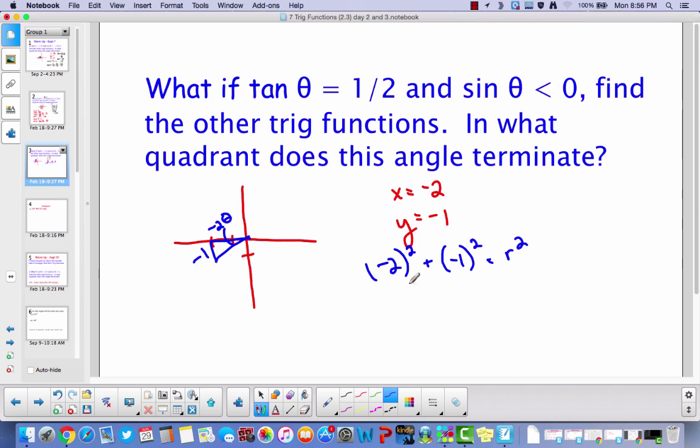Now, the other thing you have to be careful of is you have to be smarter than your calculator. You should know what -2 squared is. It's -2 times -2, which is a +4. -1 times -1 is a +1. If you put this on your calculator and you forget to put the parentheses in, your calculator will read it as the opposite of 2 squared. So it takes 2 and squares it and then makes the opposite of it.